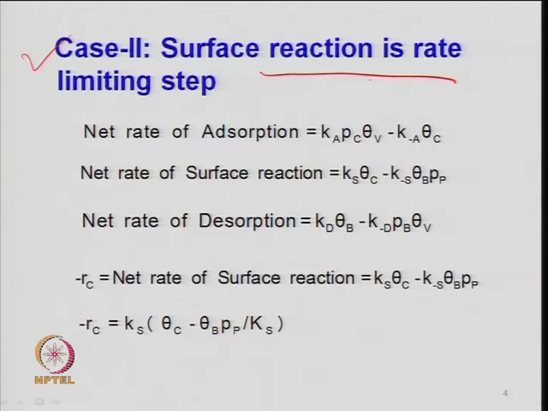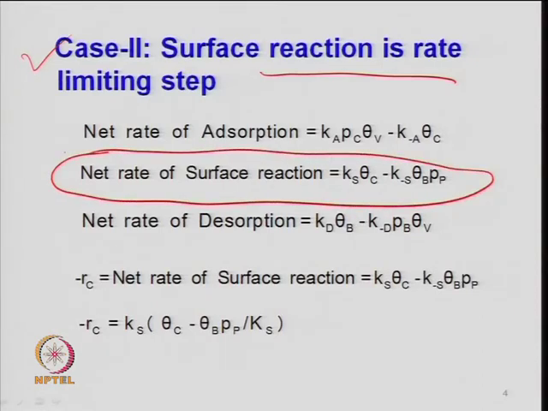In that case, if this is the rate controlling step, then your rate of reaction will be given by the second step of this reaction, which is your RDS now. This is your RDS, rate determining step or rate controlling step.